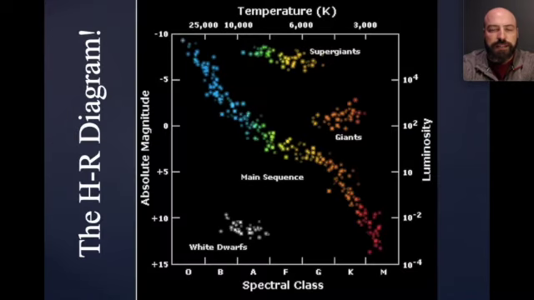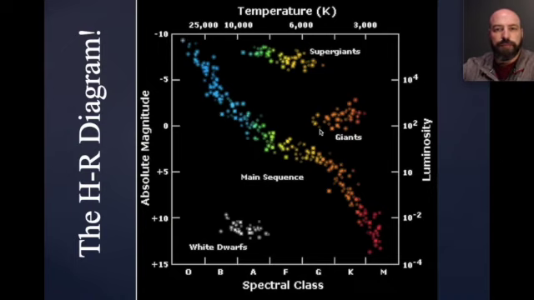Now, this is kind of interesting. It's not something you see that often, that you have all four sides of a graph, four different axes in one graph. So they found temperature and spectral class were related, and then absolute magnitude and luminosity were related. So they were able to set this up this way.